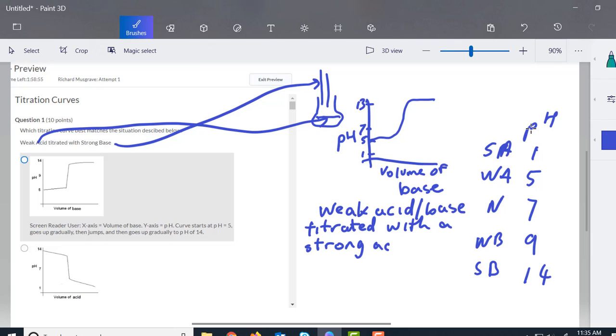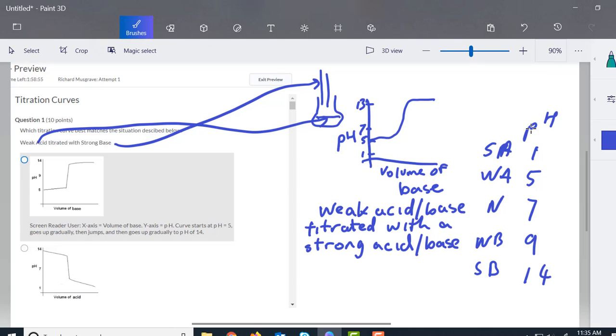You can't titrate an acid with an acid, for example. So it's either a weak acid being titrated with a strong base or a weak base being titrated with a strong acid. So what's going to happen in that instance is you'll end up with a mixture of a weak acid and a weak base in the solution.